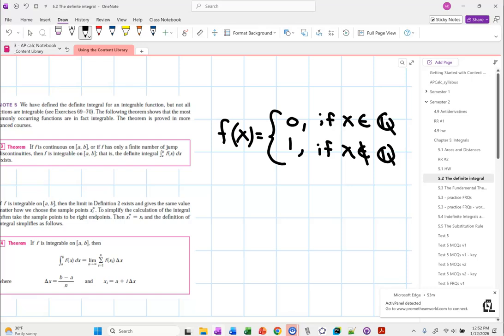So even if I look across the finite interval from 0 to 1, how many rational numbers are there between 0 and 1? Infinitely many. How many irrational numbers are there? Also infinitely many. How many discontinuities am I going to have here? Infinitely many. In fact, is there any subinterval from 0 to 1 over which this function is continuous?